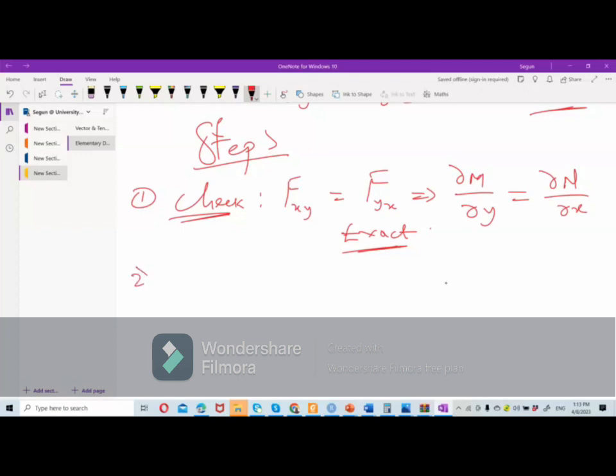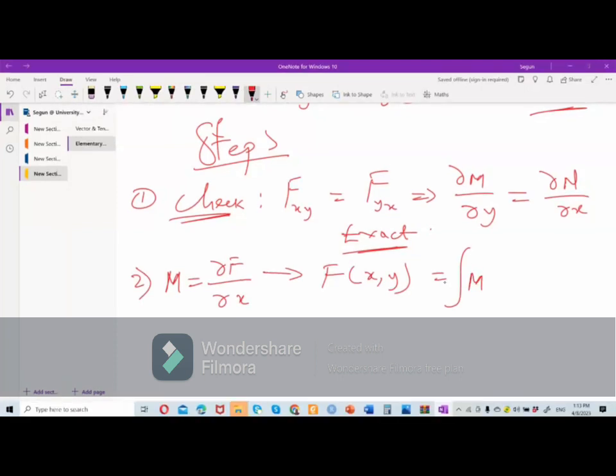The second step: our m is equal to the f dx, which implies f of x comma y is the integral of m dx plus g of y.